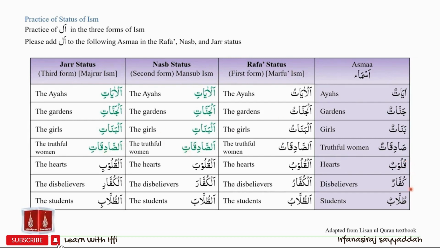Qulubun, kuffarun, tullabun, these are not feminine asma. So after the addition of al, their pattern will be al-qulubu, al-quluba, al-qulubi. Al-kuffaru, al-kuffara, al-kuffari. At-tullabu, at-tullaba, at-tullabi.